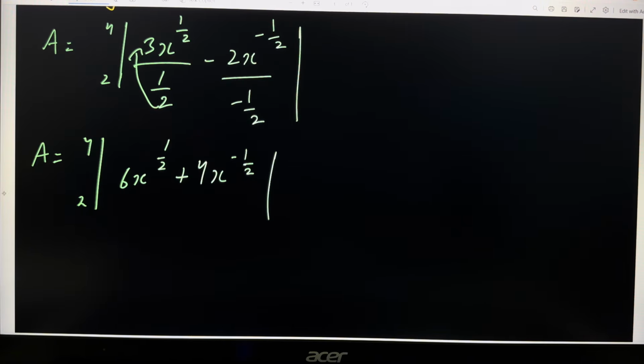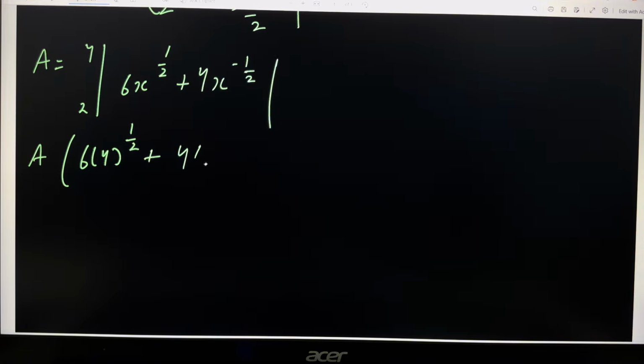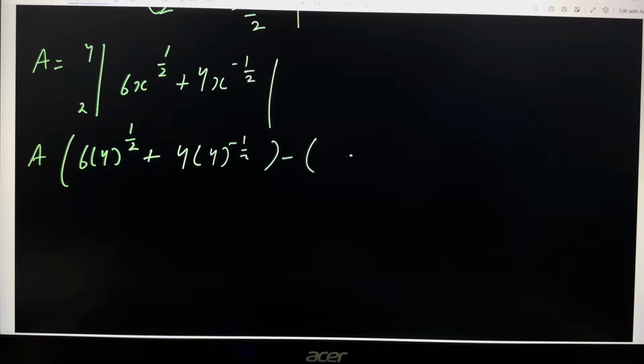All right, so now we can subtract the upper limit by the lower limit. So 6 times 4 to the power 1 upon 2 plus 4 times 4 to the power minus 1 upon 2, minus 6 times 2 to the power 1 upon 2 plus 4 times 2 to the power minus 1 upon 2.